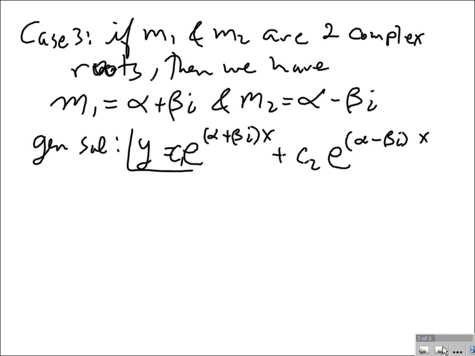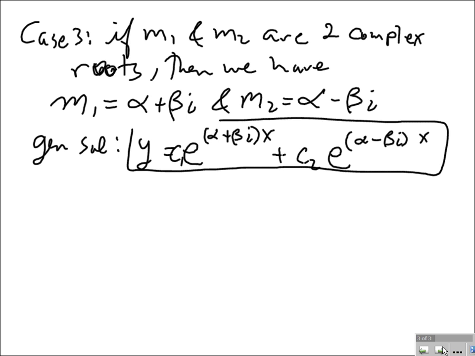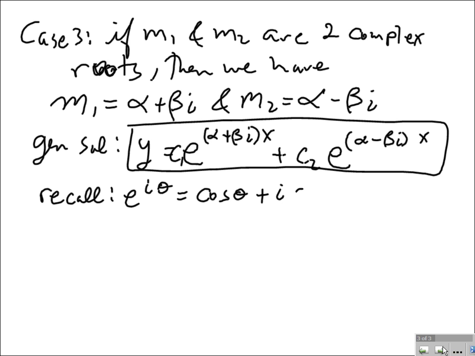And this is correct, but we don't want to write it that way. You should recall that e to the i theta is cosine of theta plus i times the sine of theta. So e to the i anything is cosine of the anything plus i times the sine of the anything.